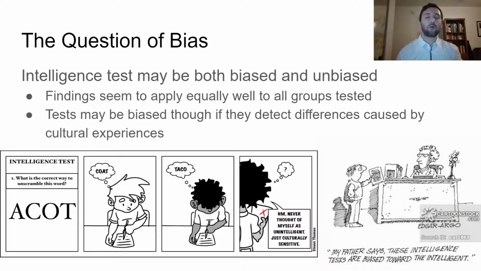Now, how it could also still be unbiased is that the reality is when we do these tests, they seem to be equally applicable to all groups. What that means is this: if you do have a different cultural background, for example, maybe you come from another country and you don't speak English very well.